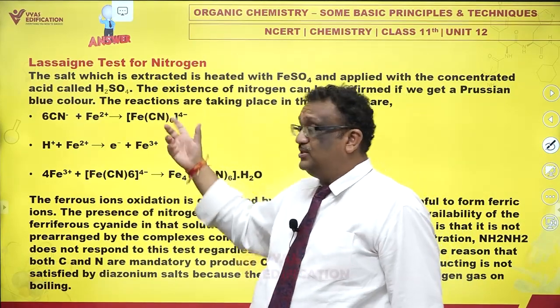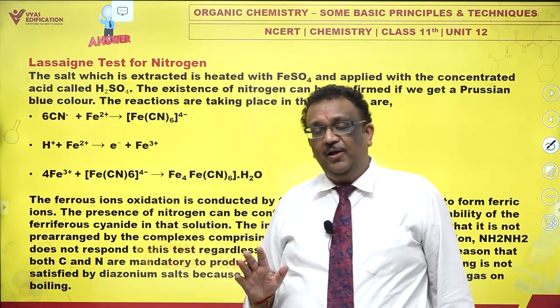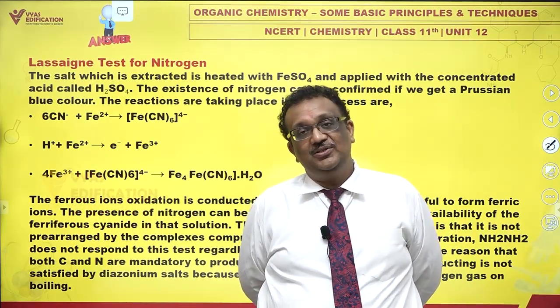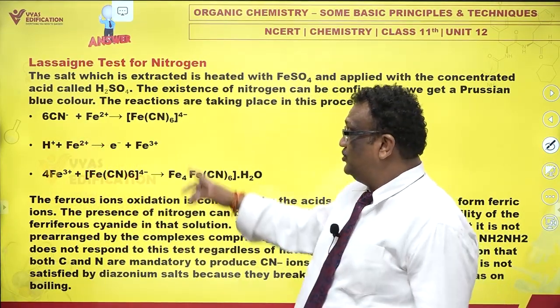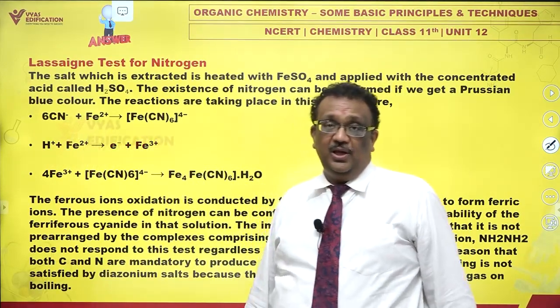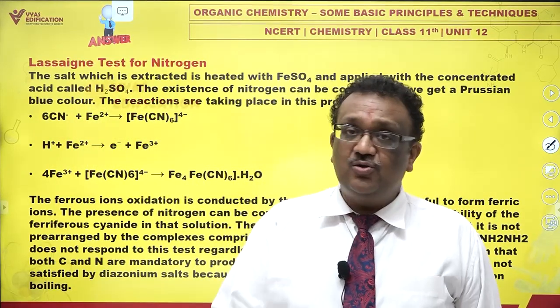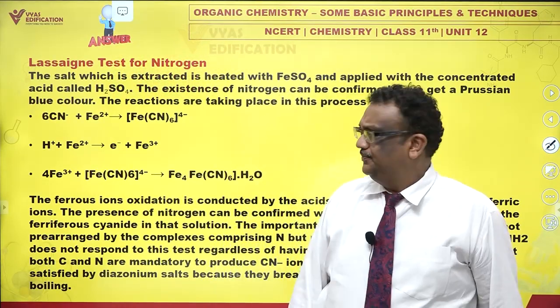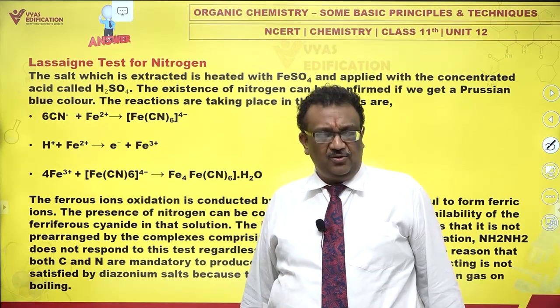These ferrocyanide ions don't have a very significant color, but now just add a drop of ferric ions. First you added ferrous sulfate, now just add a drop of ferric ion. Otherwise ferrous is already present. Add some quantity of an oxidizing agent like a drop of concentrated nitric acid.